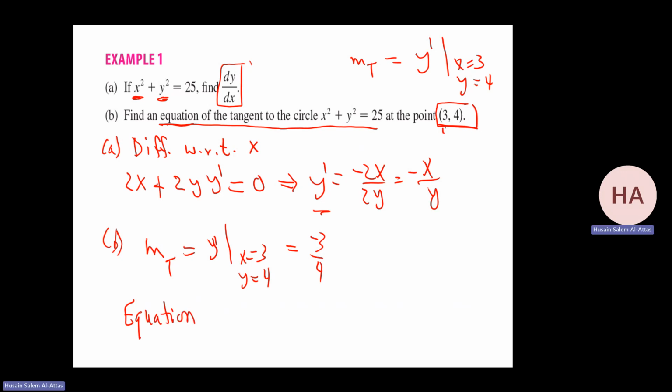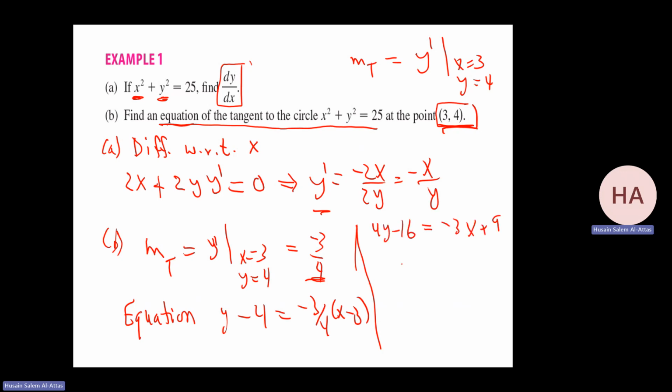I have the point. I have the slope. We can find the equation: y minus 4 equals minus 3 over 4 times x minus 3. So that implies, multiply by 4, I have 4y minus 16 equals minus 3x plus 9.